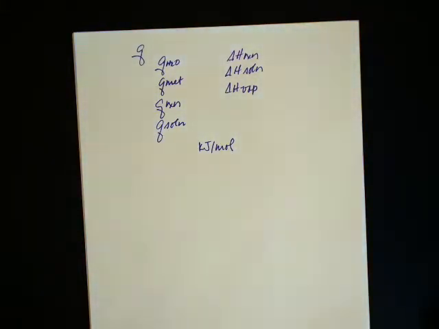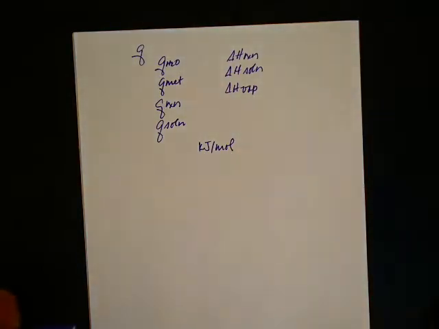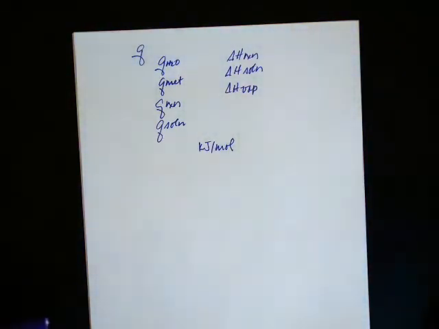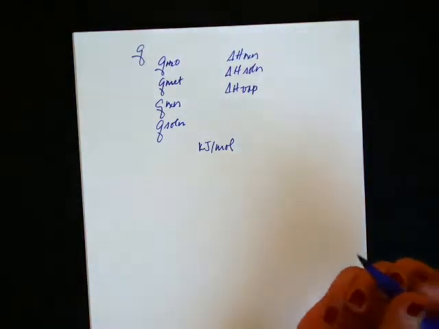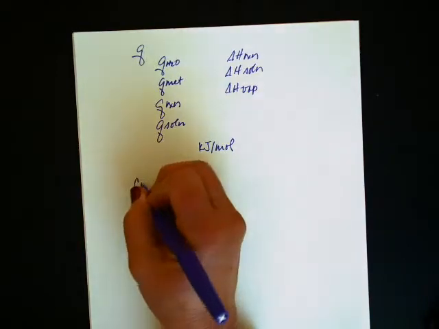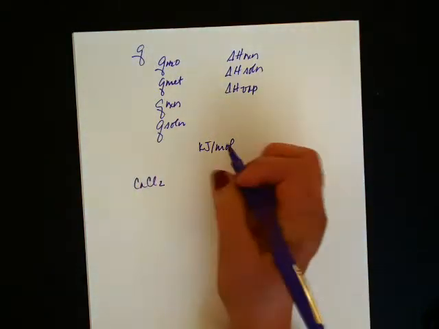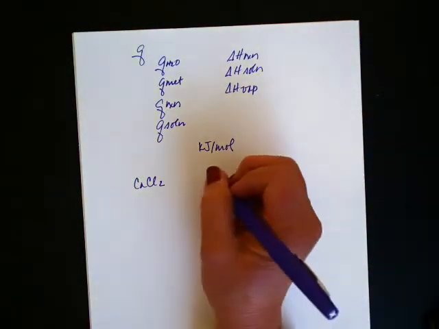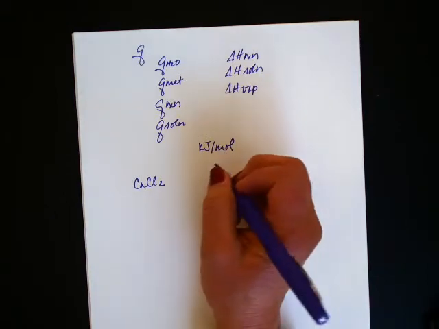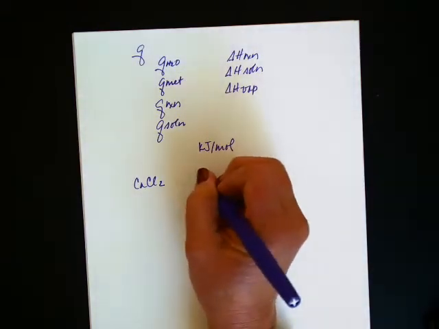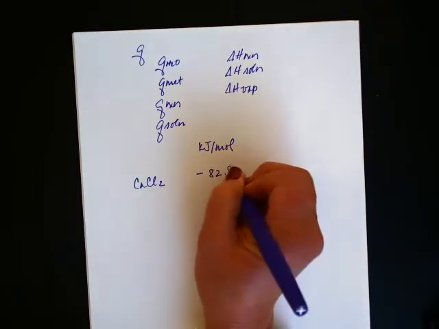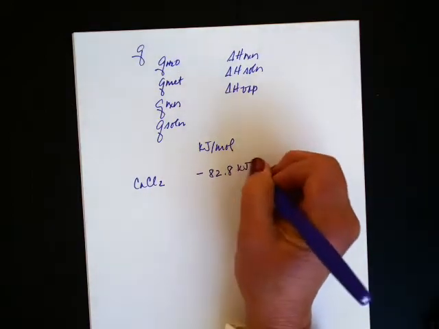But there's a slide here, and it is a practical application, I should say, of why we care about delta H's. So for calcium chloride, the delta H of solution is minus 82.8 kilojoules per mole.